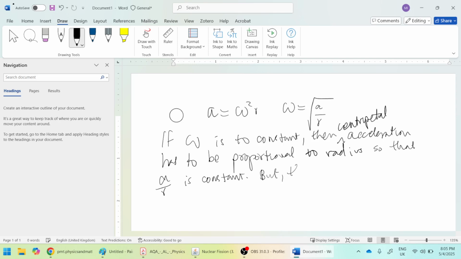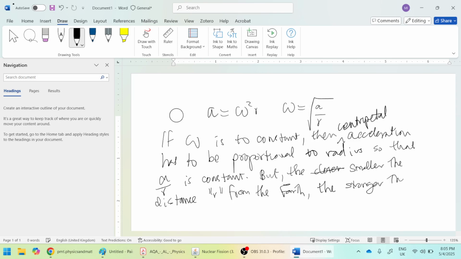But the smaller the distance from the Earth, the stronger the gravity.